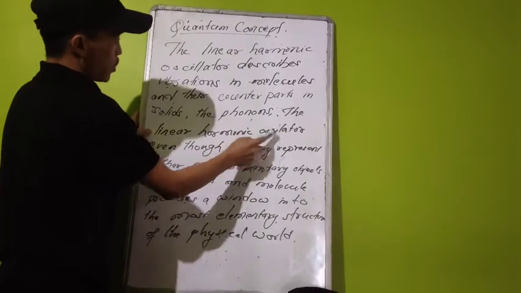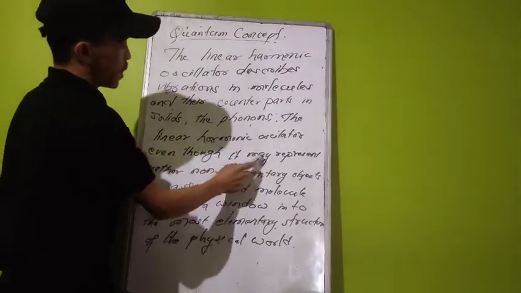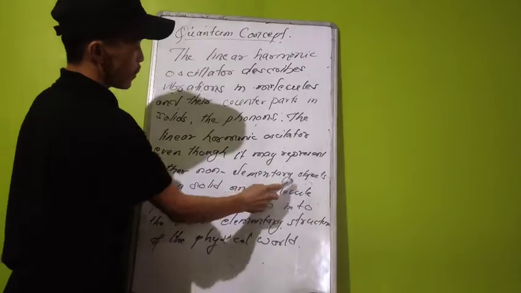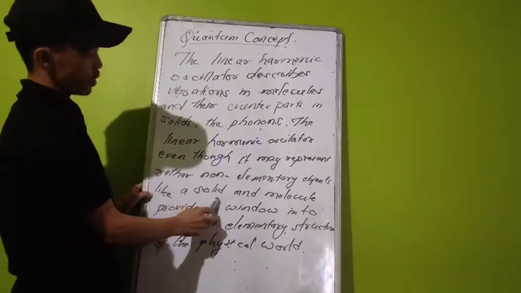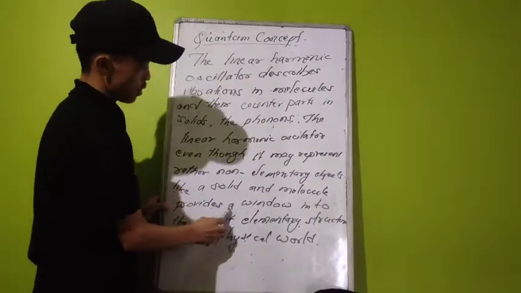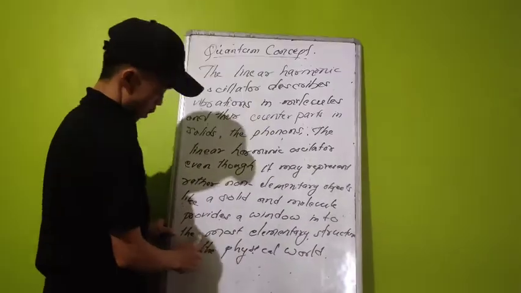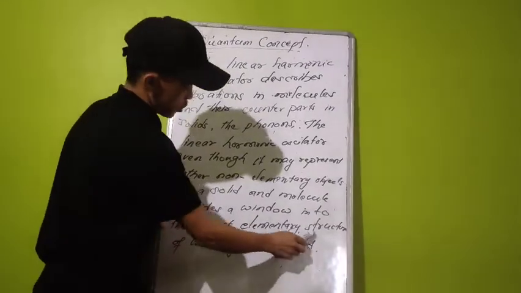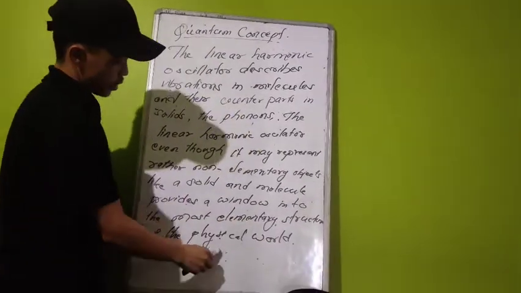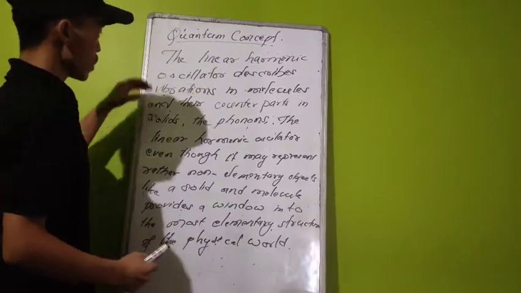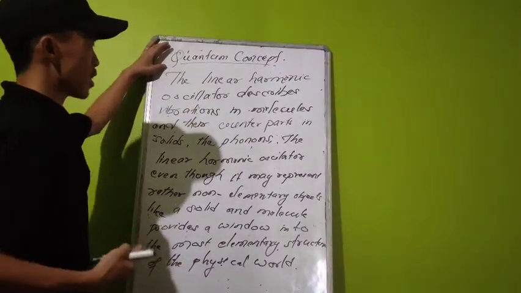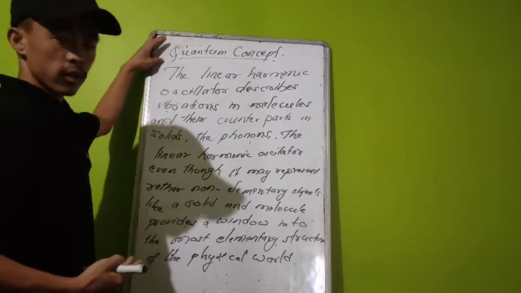The linear harmonic oscillator, even though it may represent rather non-elementary objects like a solid and molecules, provides a window into the most elementary structure of the physical world. So, this is the definition of the quantum concept of the linear harmonic oscillator.